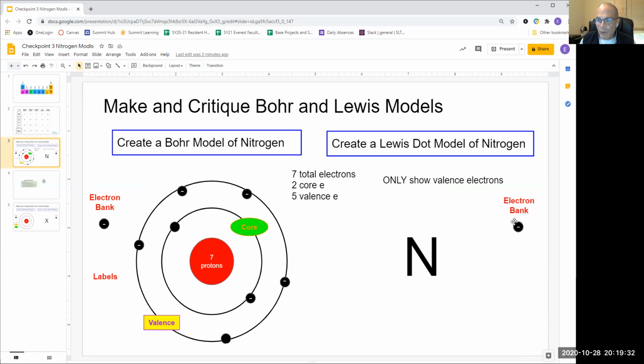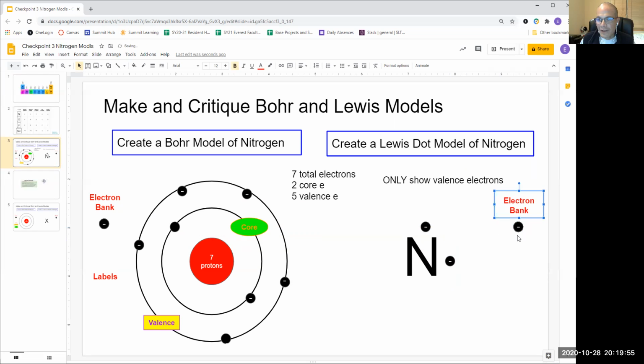And when we put the electrons into the Lewis model, there is a certain procedure that we use, which is that in each of these 4 positions, and I'm just going to start at the top, you can start anywhere, we put 1 electron into each of these positions before we start making pairs.